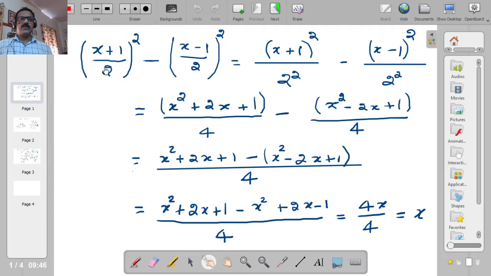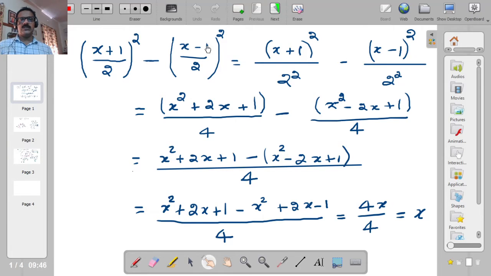See, (x plus 1 upon 2) the whole squared is of the form (a upon b) the whole squared. We know (a upon b) the whole squared is equal to a squared upon b squared. Instead of a we have x plus 1 here, instead of b we have 2 here. So a squared is equal to (x plus 1) whole squared and b squared is equal to 2 squared.